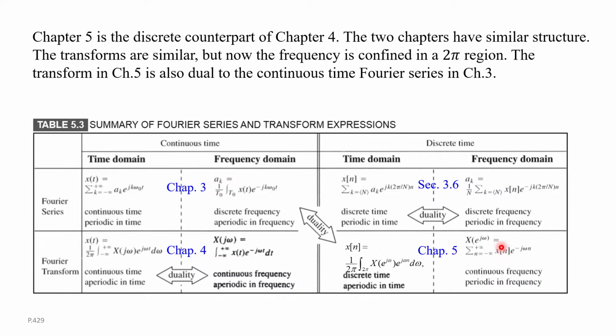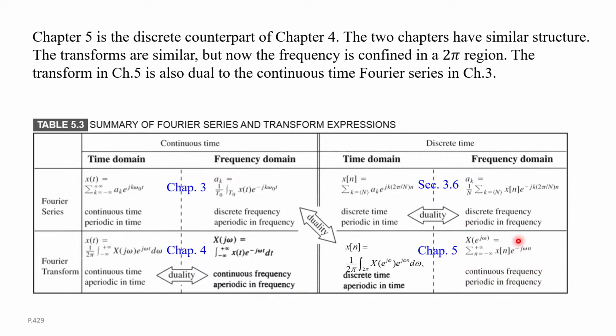Although we didn't formally state this, this is another kind of duality in Fourier series, where you are discrete in one domain, then you will be periodic in the other domain. So we get this periodicity of 2 pi in our big X domain.